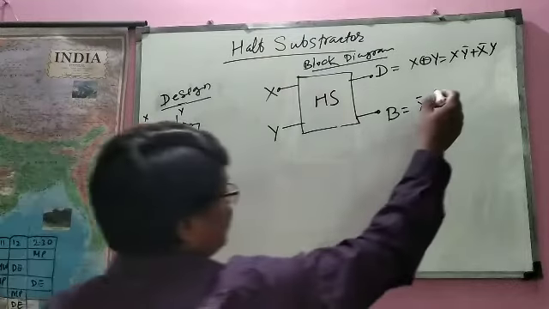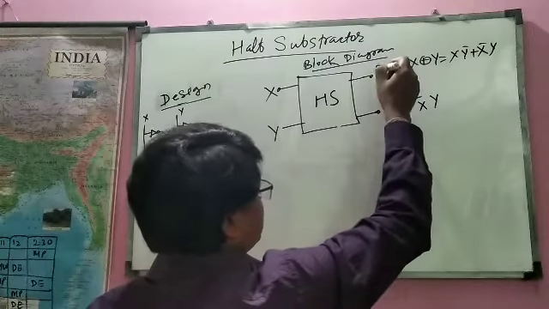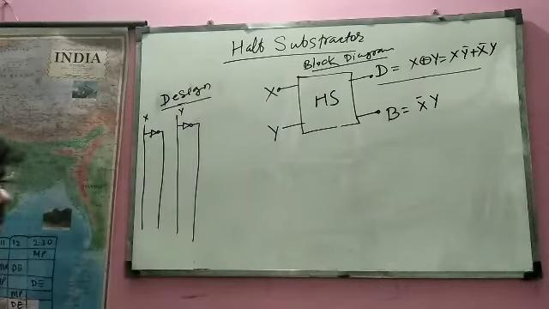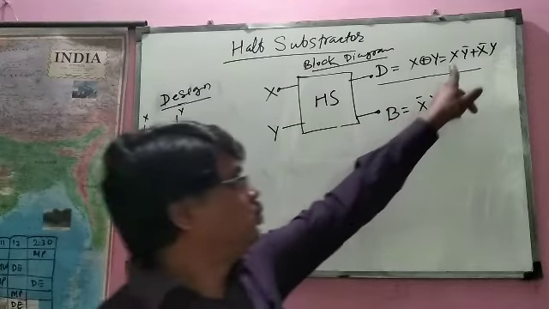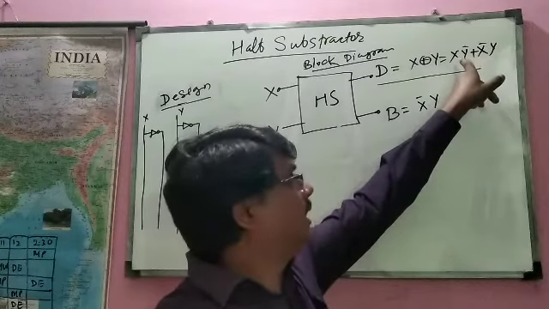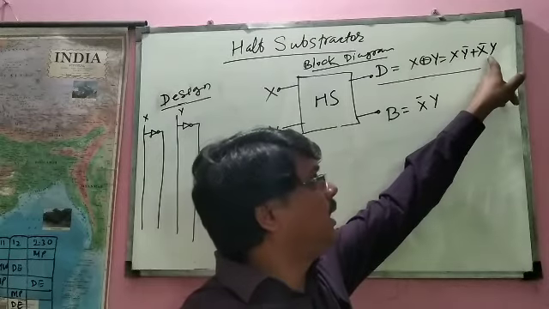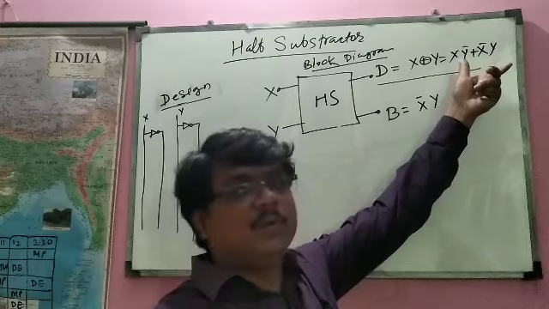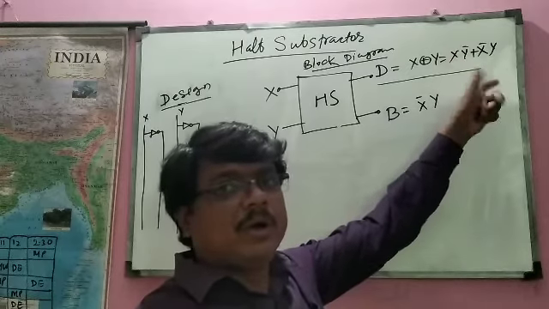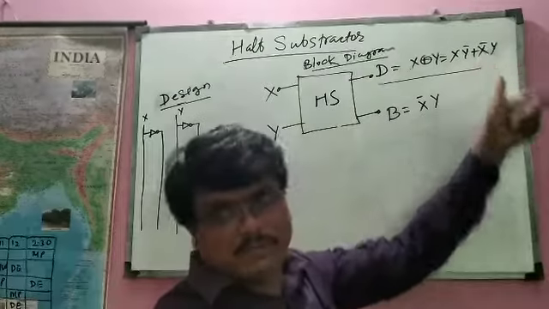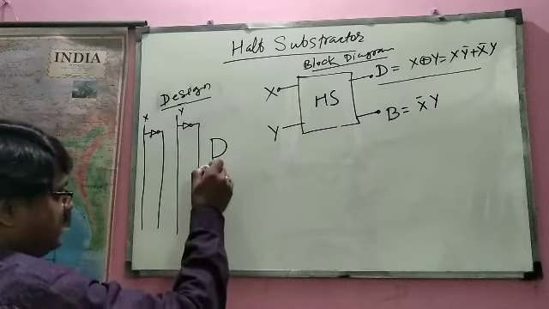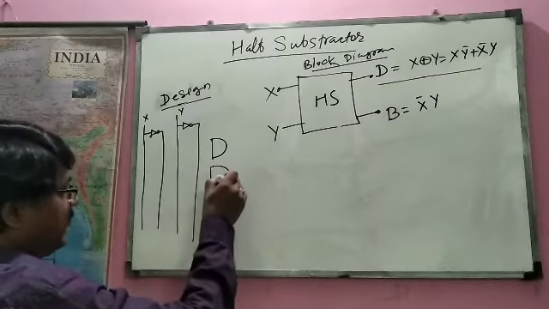So first we will have to get this value, X Y bar plus X bar Y. So we need two AND gates, one for getting this value X Y bar and the other for getting this value X bar Y, and we will need one OR gate for adding them. So this is one AND gate and this is another AND gate.